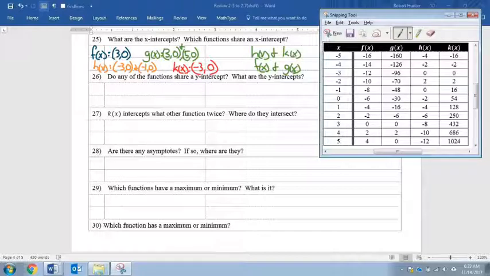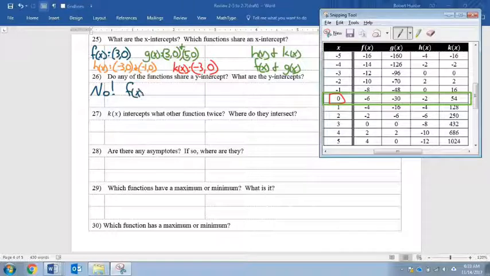Alright, the next one. Do any of the functions share a y-intercept? This is the one where we say x is 0, so let's look at that column. And you'll notice they're all different, so the answer is no. In this case, we've got to list them all.